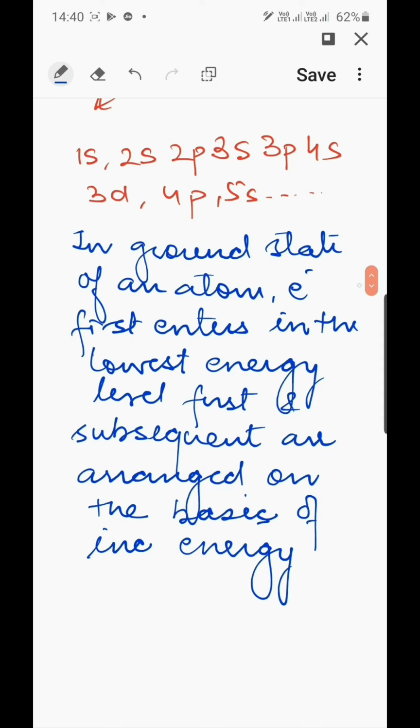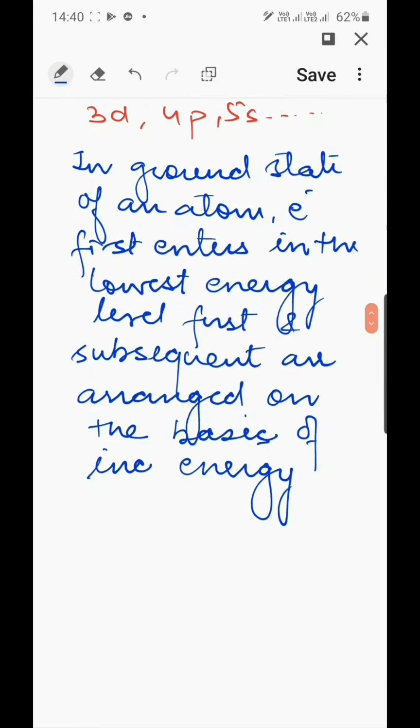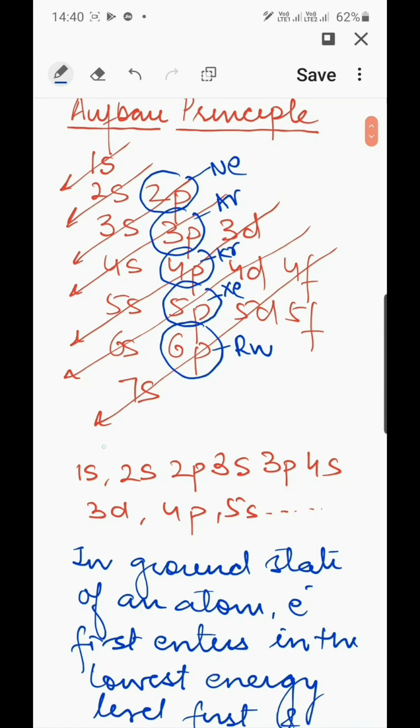What I want to say is that the electron first enters the lowest energy level, that is 1s. After the filling of 1s, it enters into 2s and then 2p and so on.